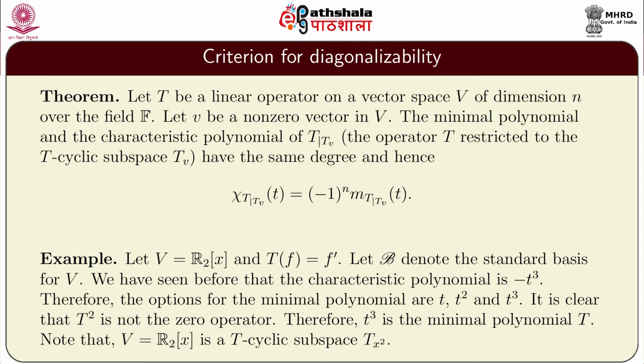Therefore, T square does not vanish on the whole vector space V, and definitely this operator is a non-zero operator. So, the possibilities t and t square are ruled out, hence t cube is the minimal polynomial of the operator T.